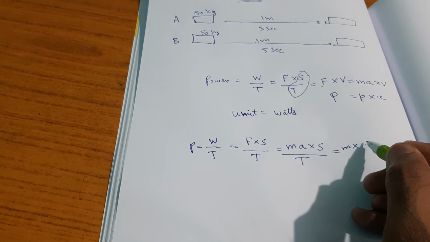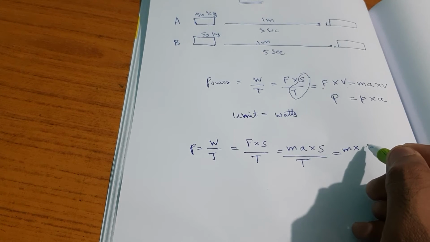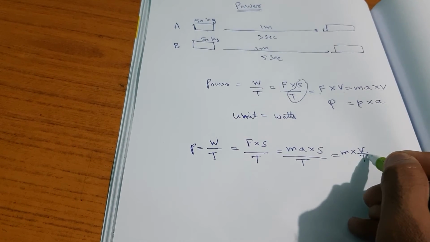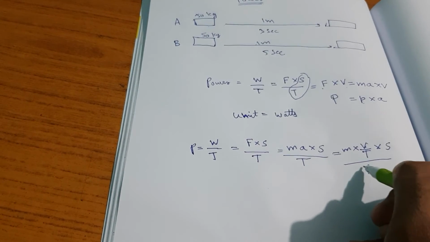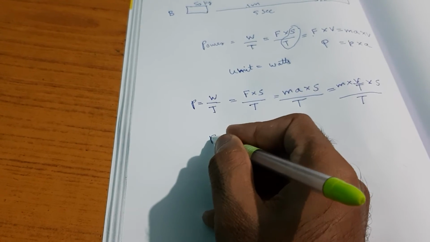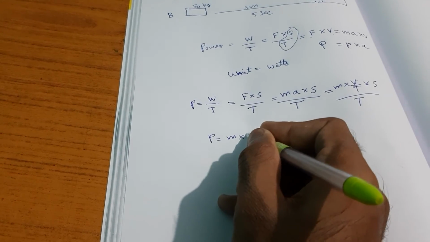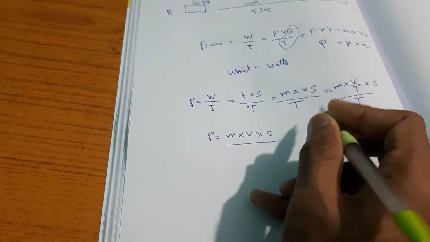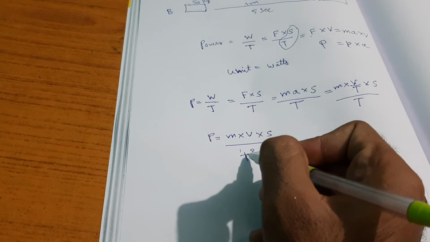Acceleration is nothing but change in velocity per change in time. So we can write it as mass into velocity upon time into distance upon time. Further solving it, we get power is equal to mass into velocity into distance upon time square.